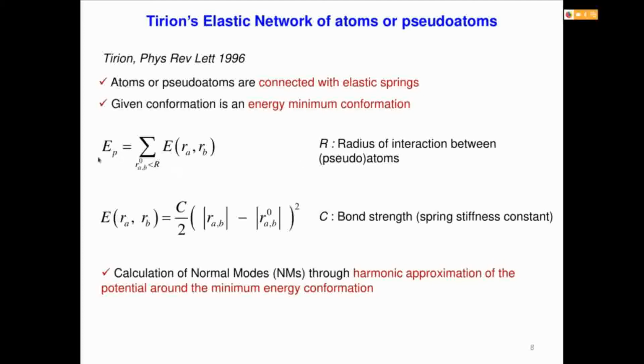So the potential energy function of the system is a sum of potentials that is based on pairwise distances between atoms, but only those atoms that are in the vicinity, and this is determined by this radius R. So this is the distance between two atoms A and B in the initial structure, and this is the same distance between the same two atoms in the displaced structure.